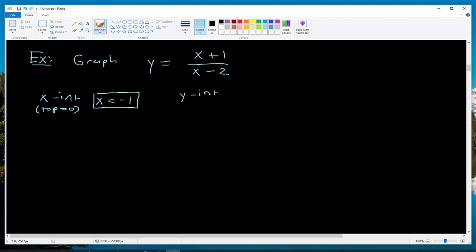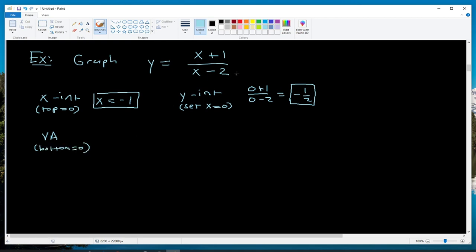For my y-intercept, I set x equal to 0 in the equation. So the top becomes 0 plus 1, the bottom becomes 0 minus 2. This gives me negative 1/2. So I just put zeros in where the x's are. Vertical asymptote, we saw this is where the bottom is equal to 0.